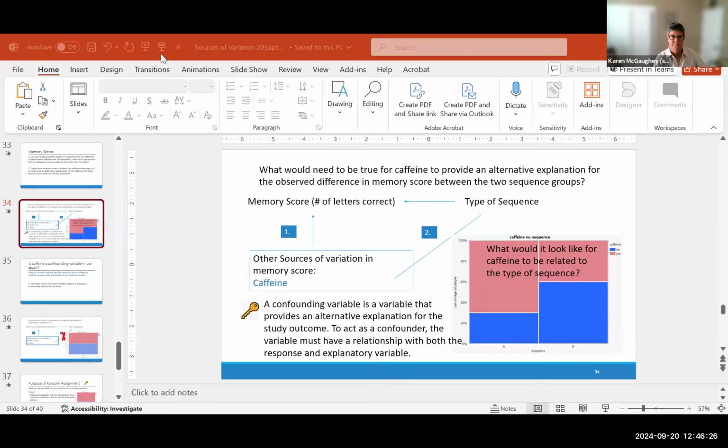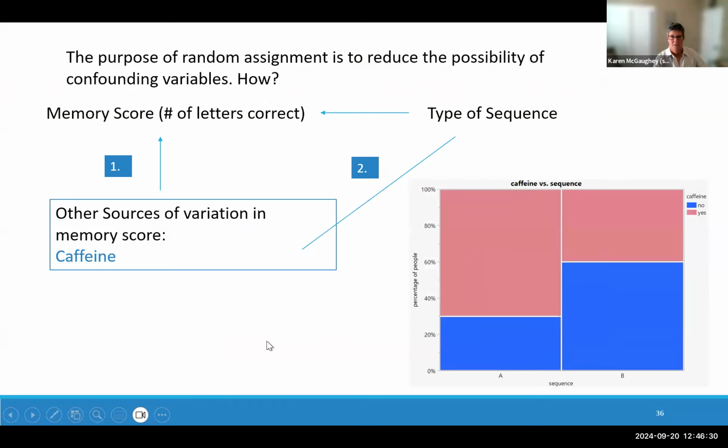So I'm going to go back to my PowerPoint. Okay, so the purpose of random assignment is to reduce the possibility of confounding variables.